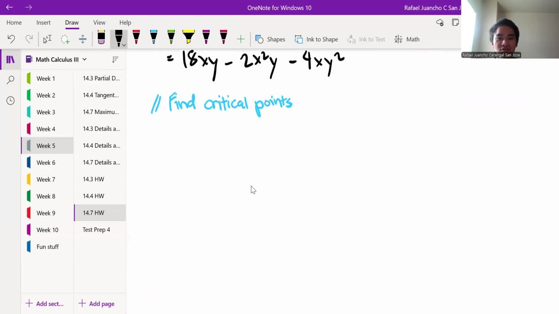So here we would get, wait, what do we get? We get our partial of f with respect to x. So here this would give us 18y minus 2y.